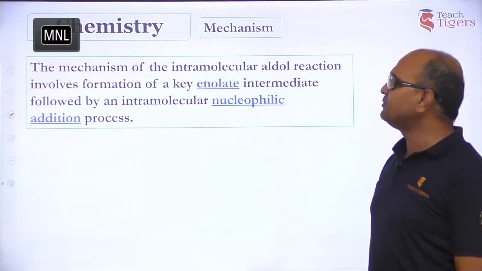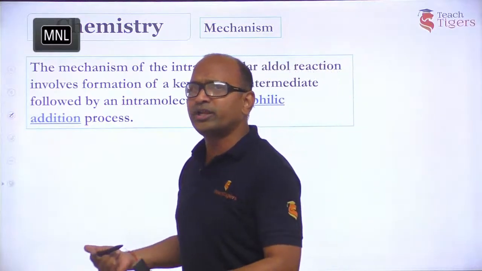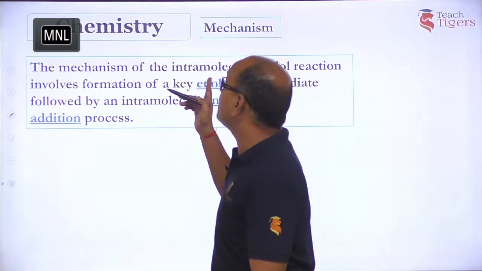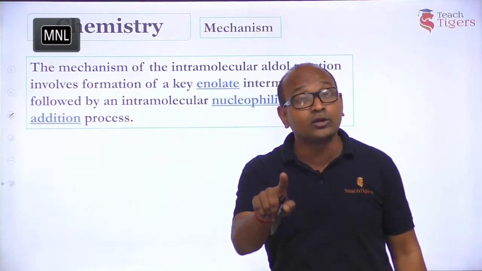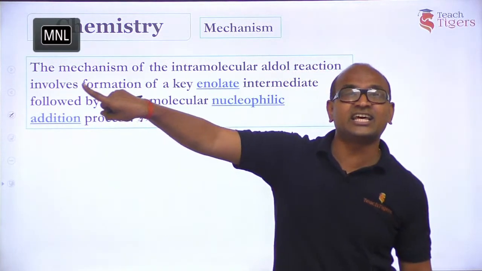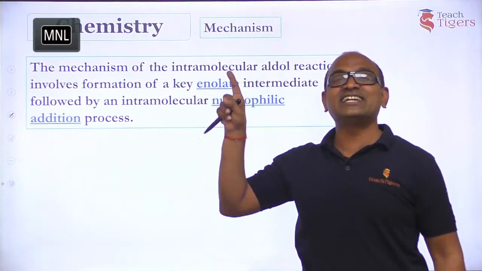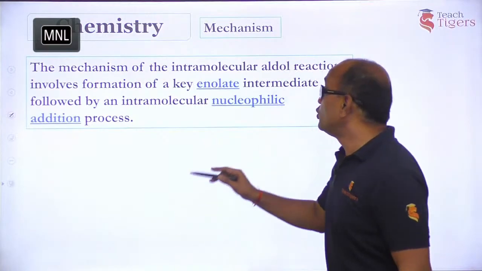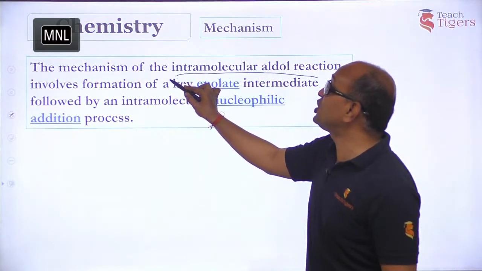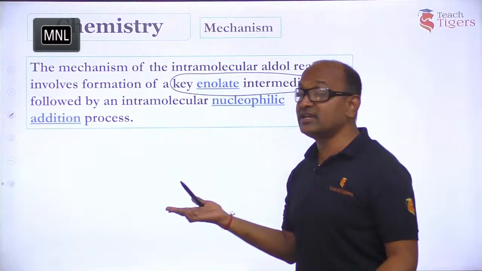Now the thing is very similar. What's the mechanism? The mechanism of intramolecular aldol also involves the formation of an enolate, which attacks the other carbonyl functionality, resulting in a ring-shaped molecule. But the point here is, you ought to identify the key enolate intermediate.